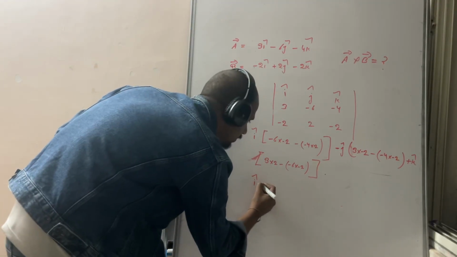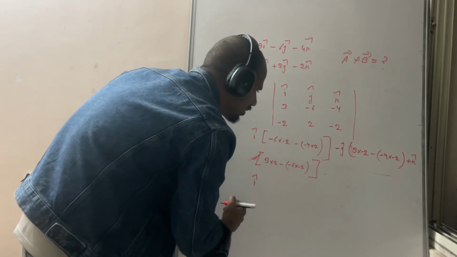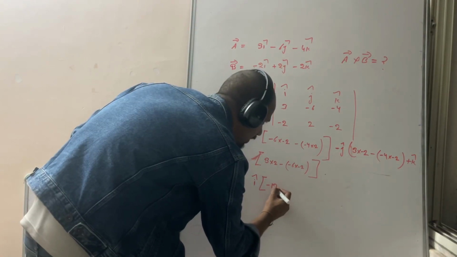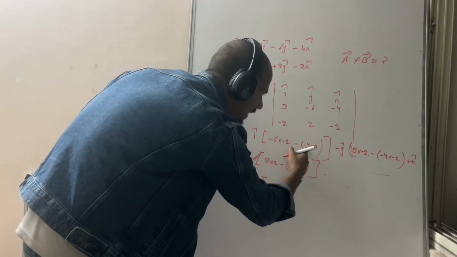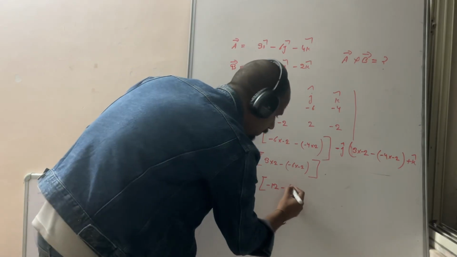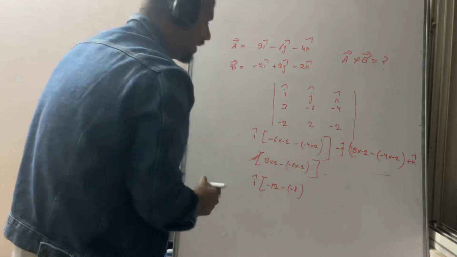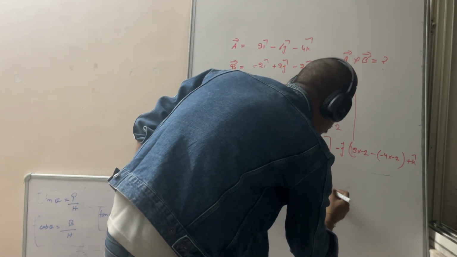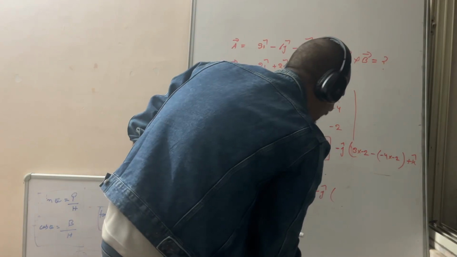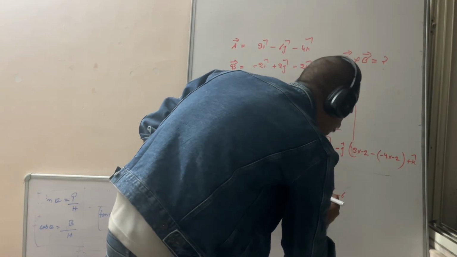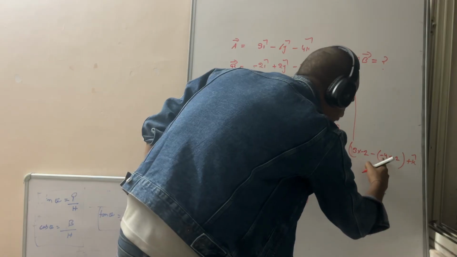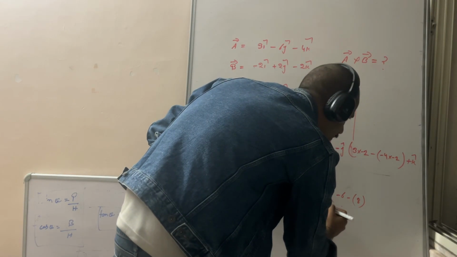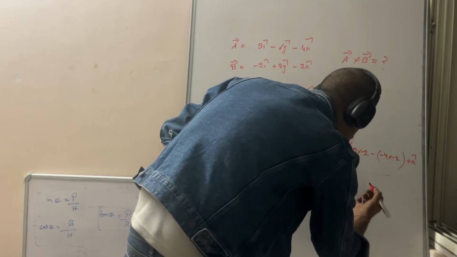I: minus 6 times minus 2 is 12, minus 12, and minus 4 times 2 is minus 8. Minus J: 3 times minus 2 is minus 6, minus 4 times minus 2 is 8.